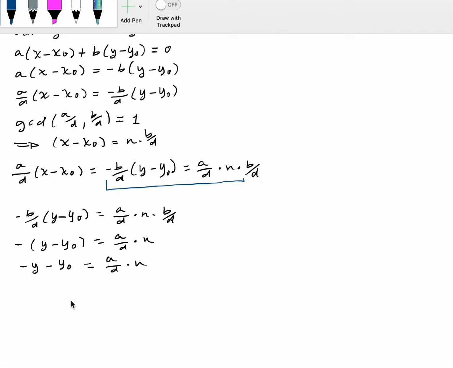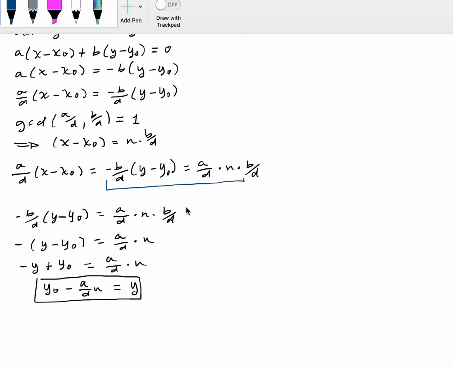From here, we can easily solve for y, obtaining y naught minus a over d times n equals y. Hence, finding the general solution for y.